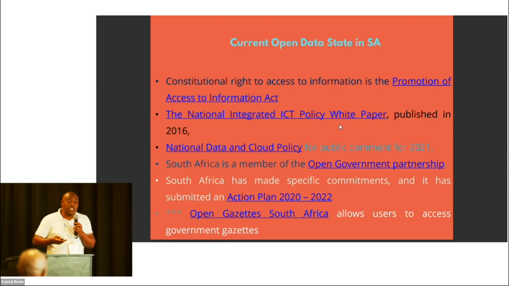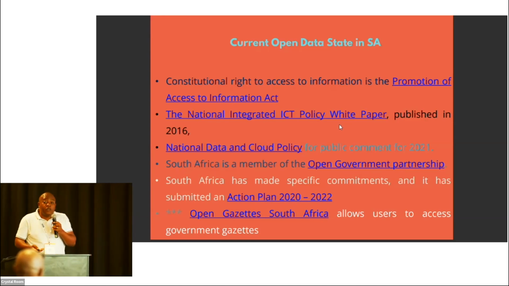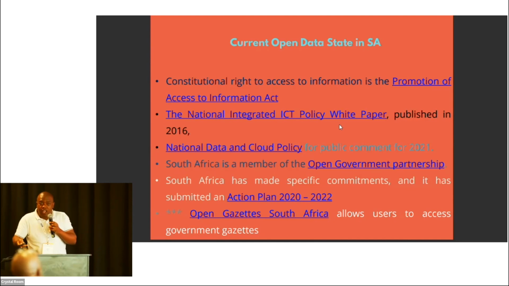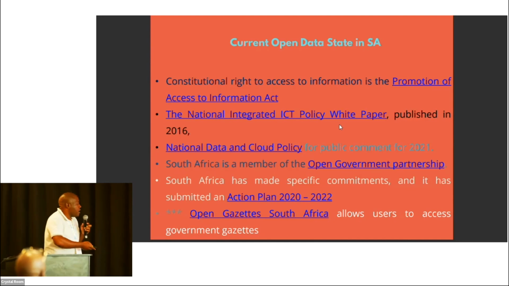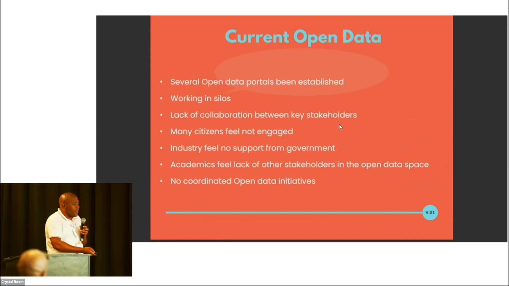With most government action plans that I personally know, if it says 2020 to 2022, possibly it came in 2022 and it's about to end and no one will implement it. They have a number of platforms available which allow us to access government information.